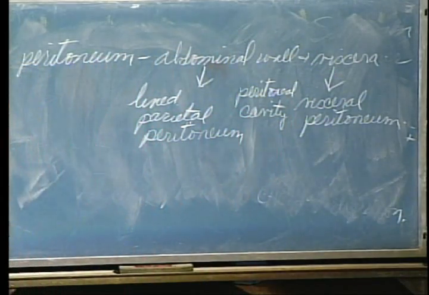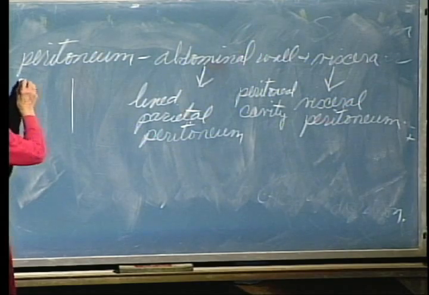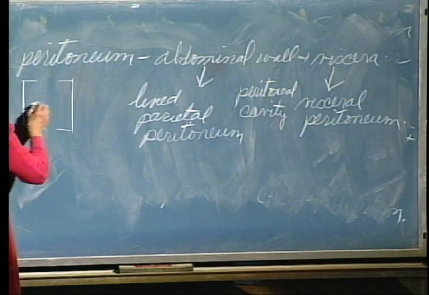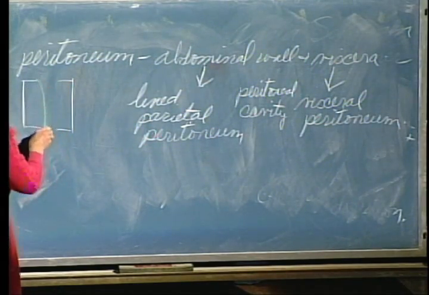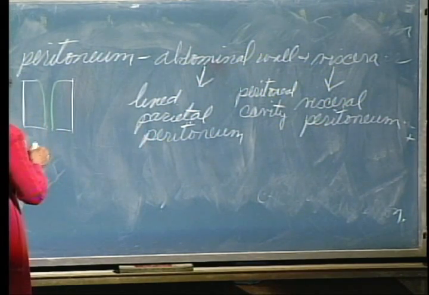So obviously you don't see much of it because the organs are all piled on each other, but it does exist. The simplest way to do this, very, very simple cartoon, is to make this our abdominal cavity, and we've got the abdominal viscera going through it in just this form.